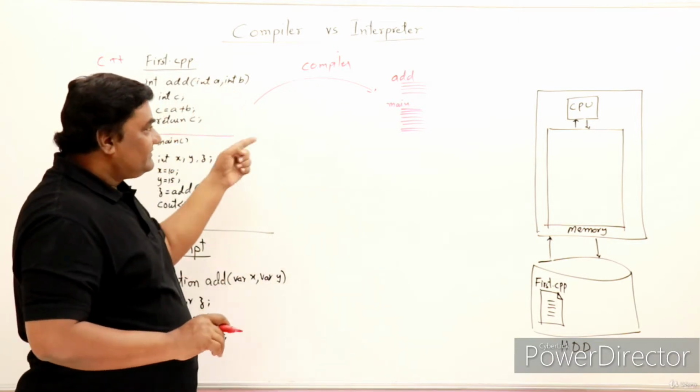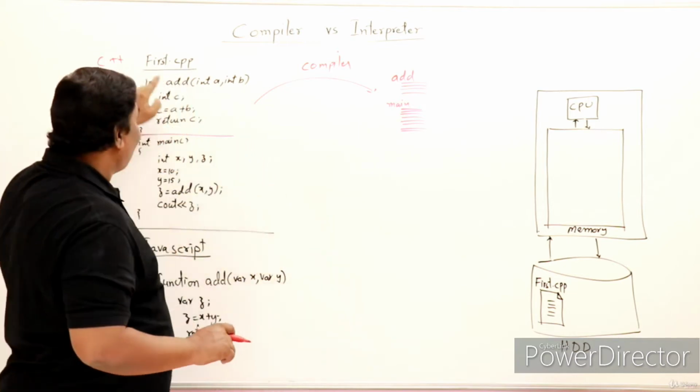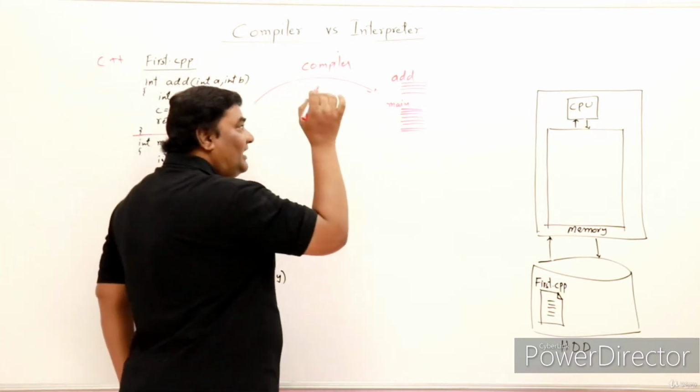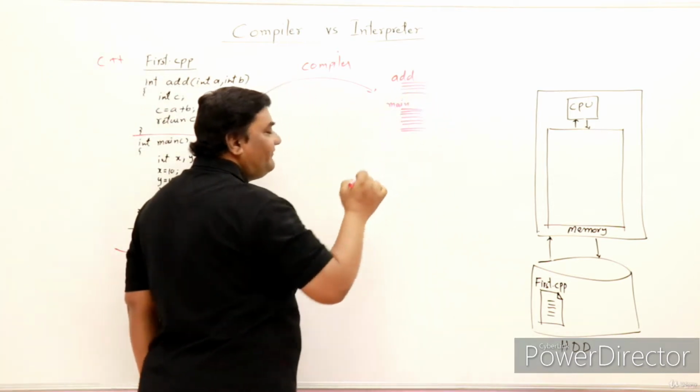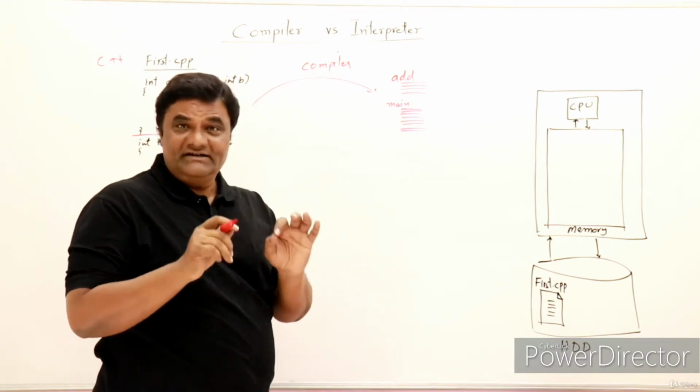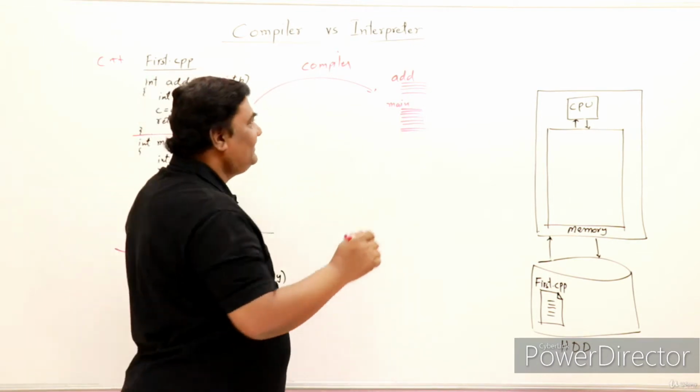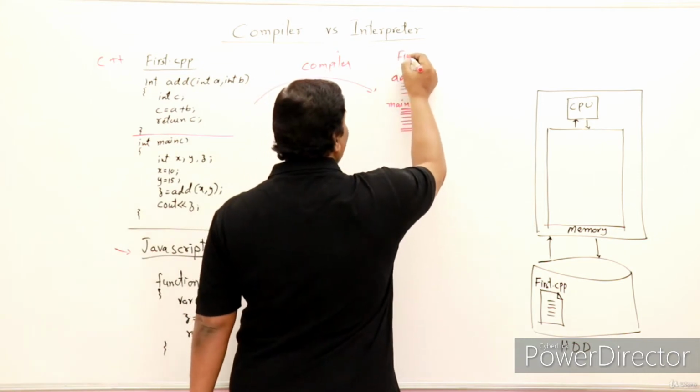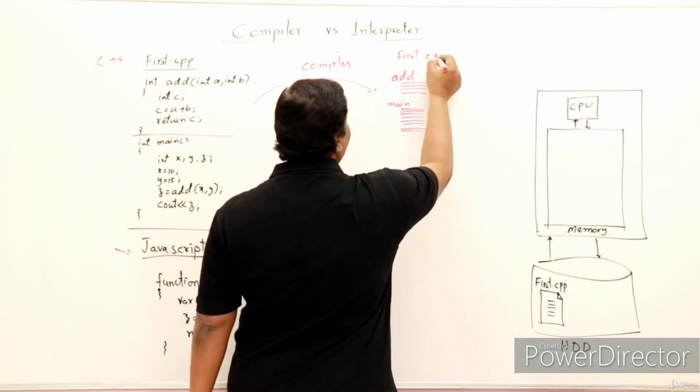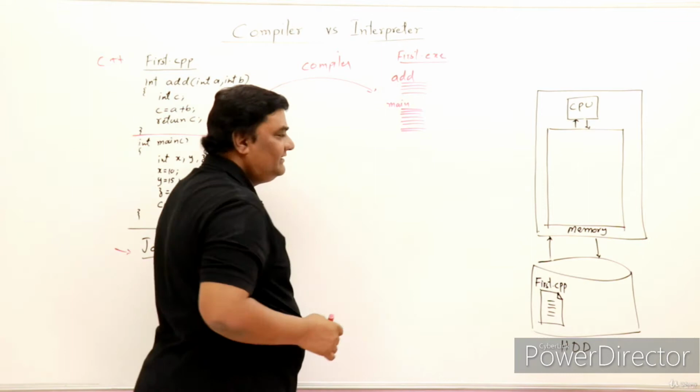Now, this is the machine code generated. This is the file first.cpp. After compilation, we get some intermediate files also, and finally we get an executable file, first.exe.